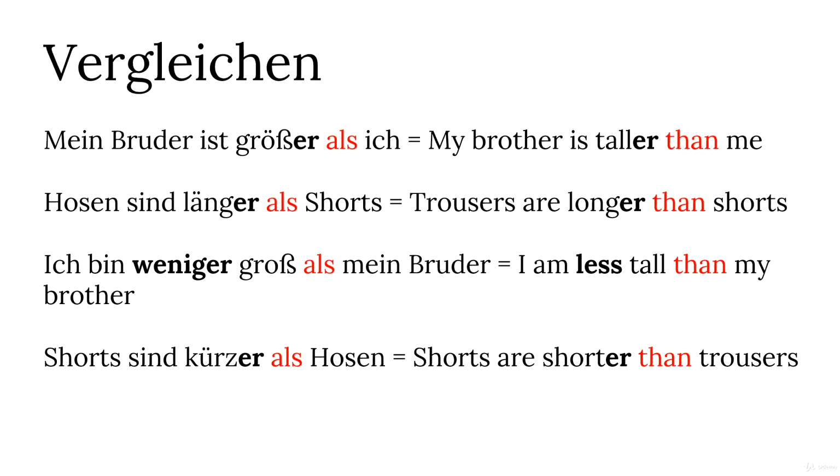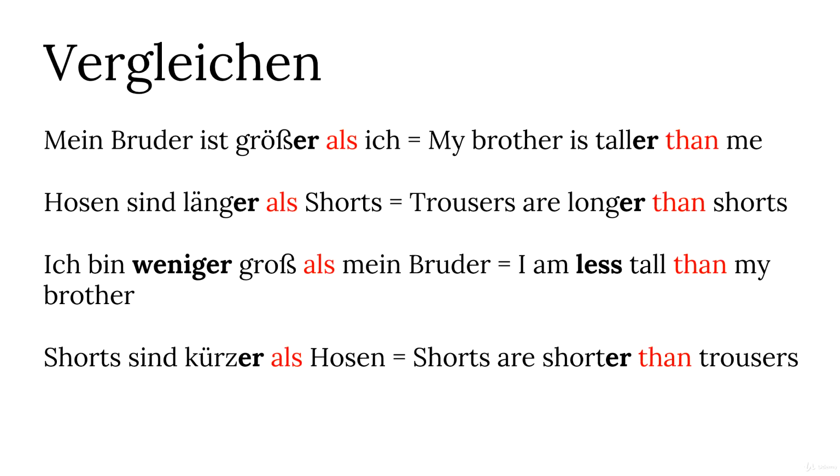And some adjectives, not all of them, but some, would require some kind of change. In the first sentence, for example, the adjective groß would be größer, which means you add the er, but you also change o into o umlaut. Just like the second sentence. Trousers are longer than shorts.